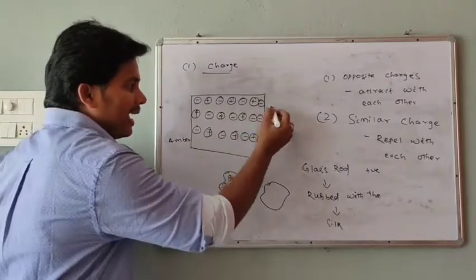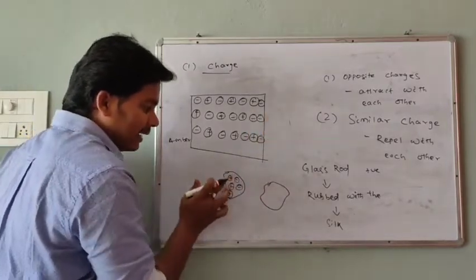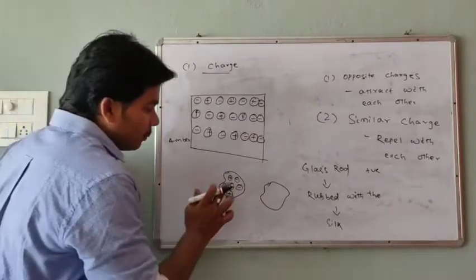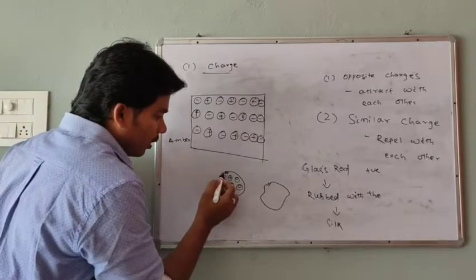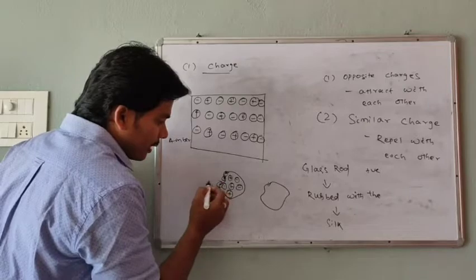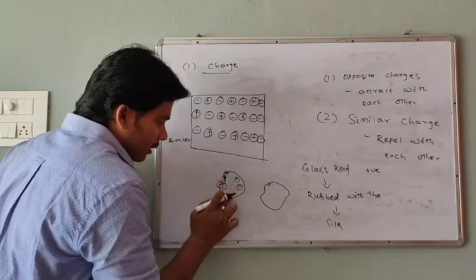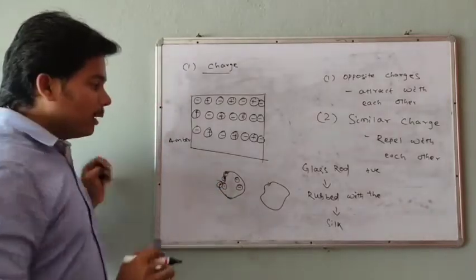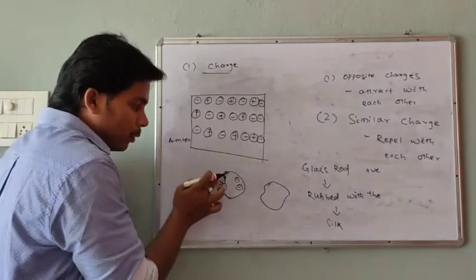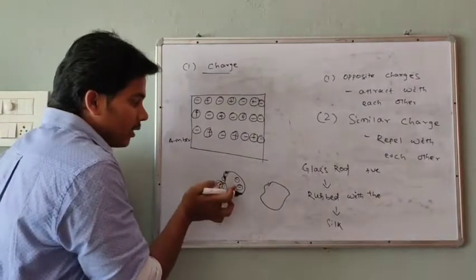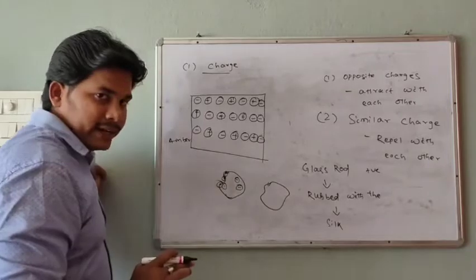As it is a negatively charged body, it will attract the positive charges. These positive charges will come forward at the edges of the pepper. As it attracts the positive charge, the pepper will be attracted.